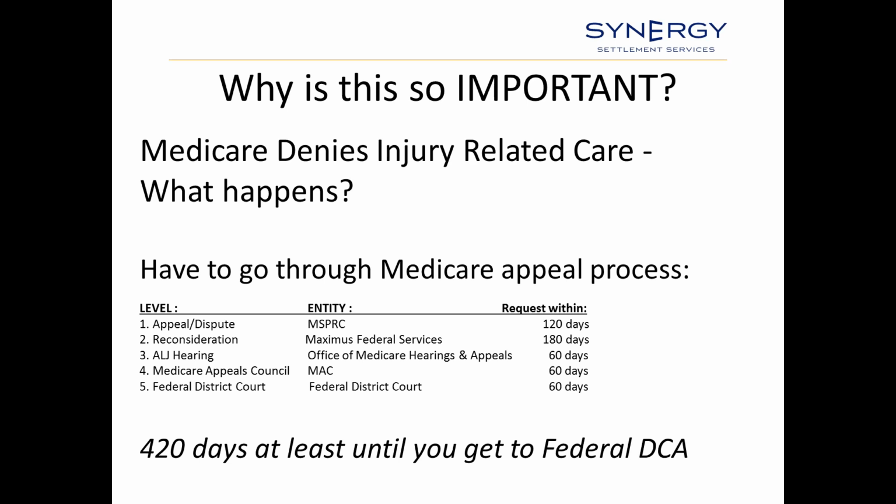But there are a ton of cases out there that say you must exhaust this internal appeals process before a district court can take jurisdiction and hear the case. So that's why this becomes very important, because if the client does get denied care because of what was reported by the defendant insurer, there's a very long road ahead to try and get that resolved.